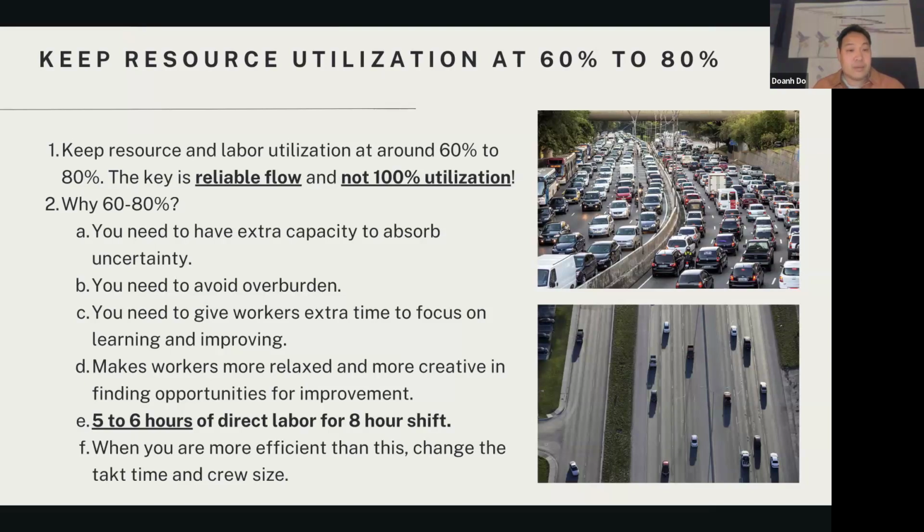So at 68% capacity, you're avoiding overburden. You give workers some time to think about and learn from their work. Roughly on an 8-hour shift, you're looking at 5 to 6 hours for direct labor, and there's additional time. As the trades get more efficient, you can change the variables of TAKT time and crew sizes.